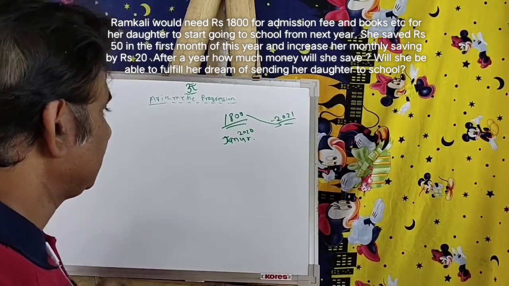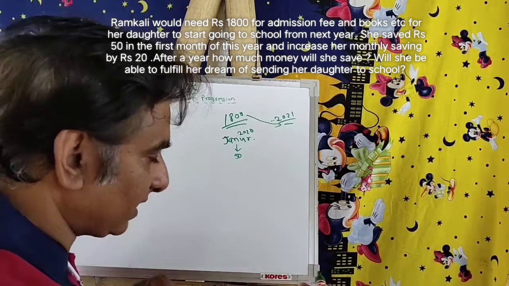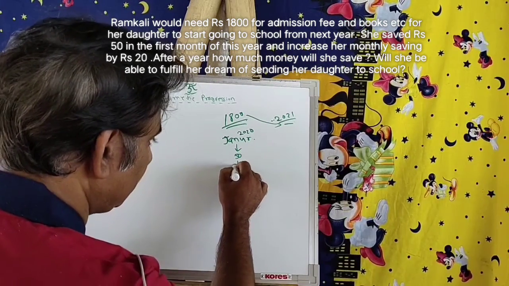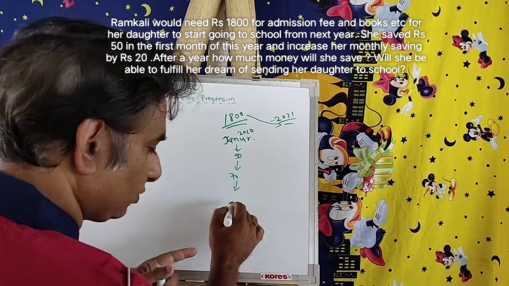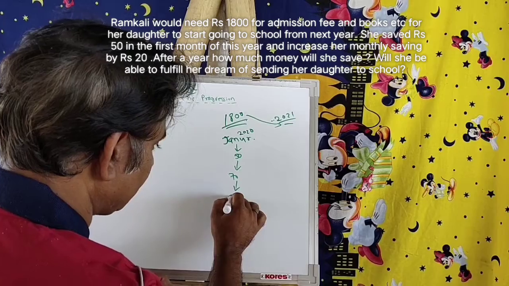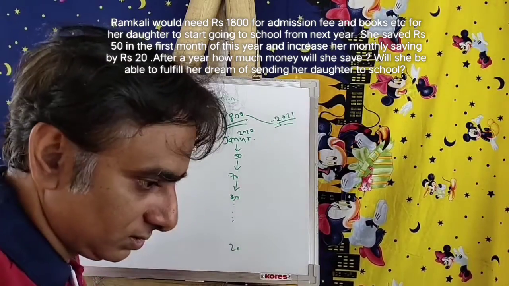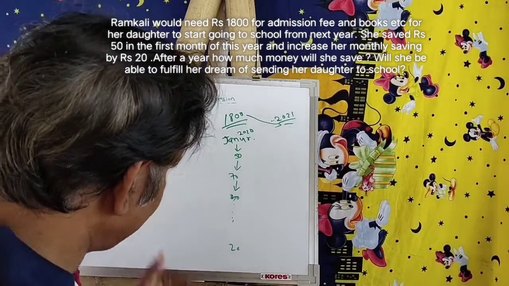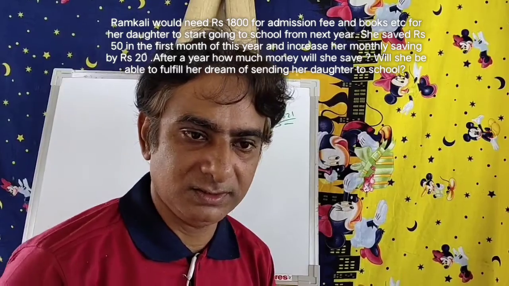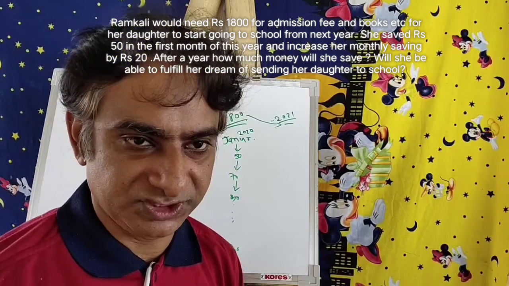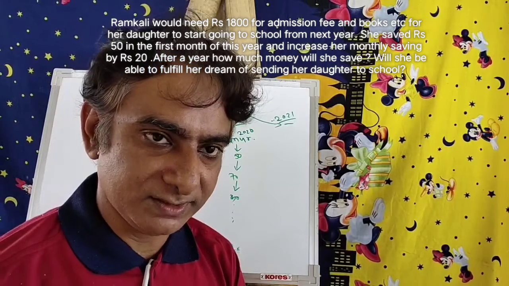So what did she do? In January she saved 50 rupees. In the next month, February, she saved 20 more, that means 70. In March again, she saved 70 plus 20, that is 90, and so on up to December. After that year, how much money is in her hand? That is the question. Would she be able to send her daughter to school with that money?